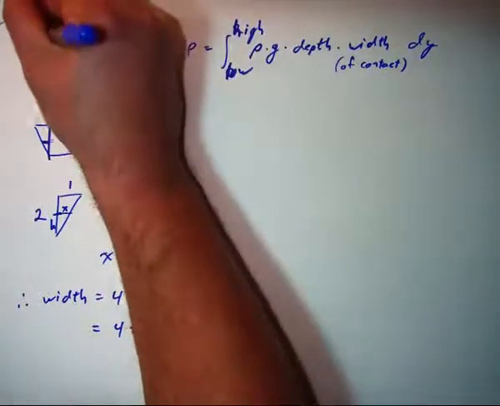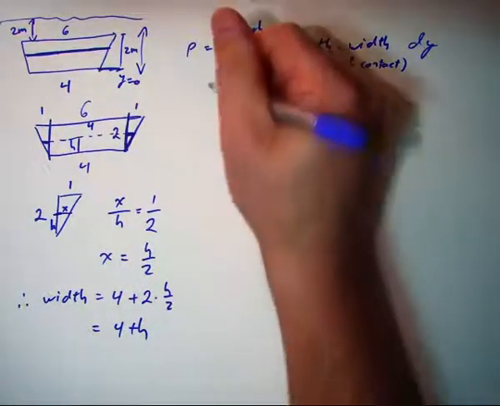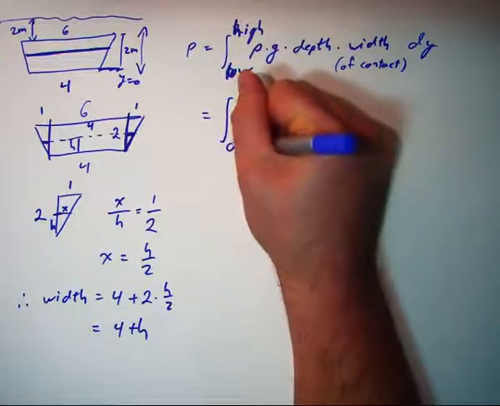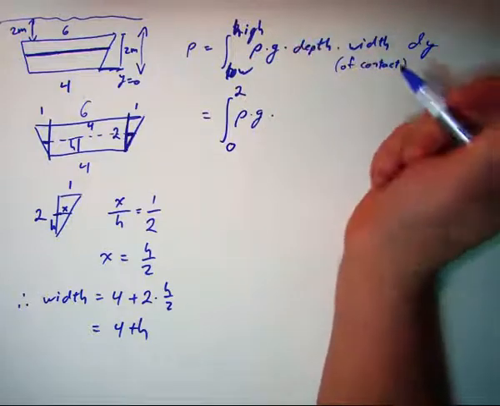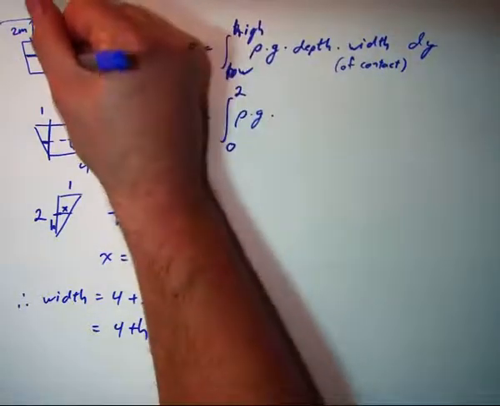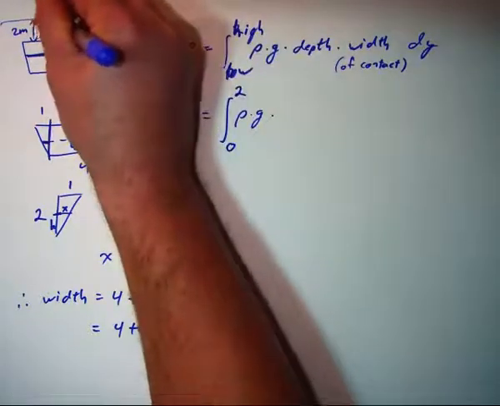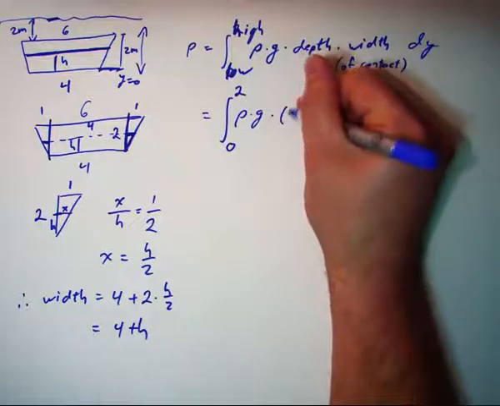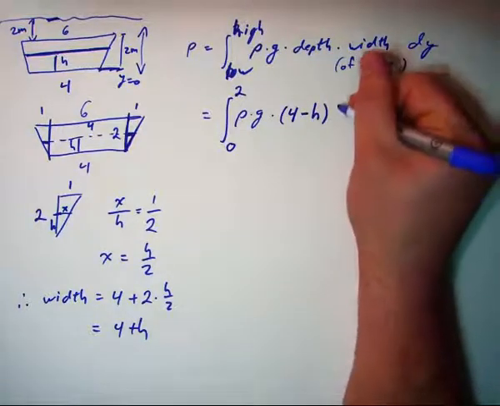And let's say that we are sitting under 2 meters of water. So what we have is an integral from 0 to 2 of rho times g times your depth. You write here the depth of h, and at the very top you're at y is equal to 4. So the depth goes from 4 down to h itself.